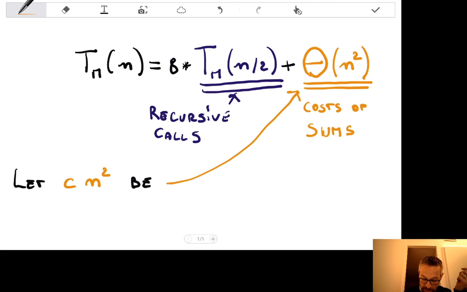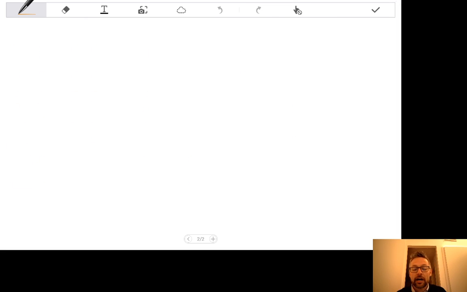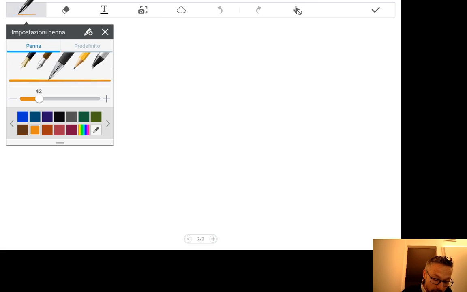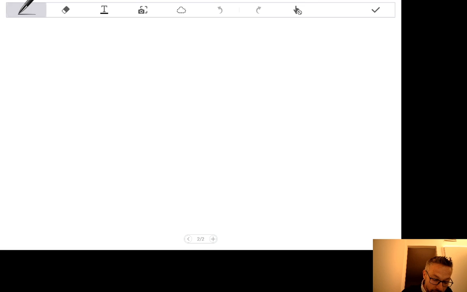Now, once I've done this operation, I can write what is called the recursion tree. So what's the recursion tree?